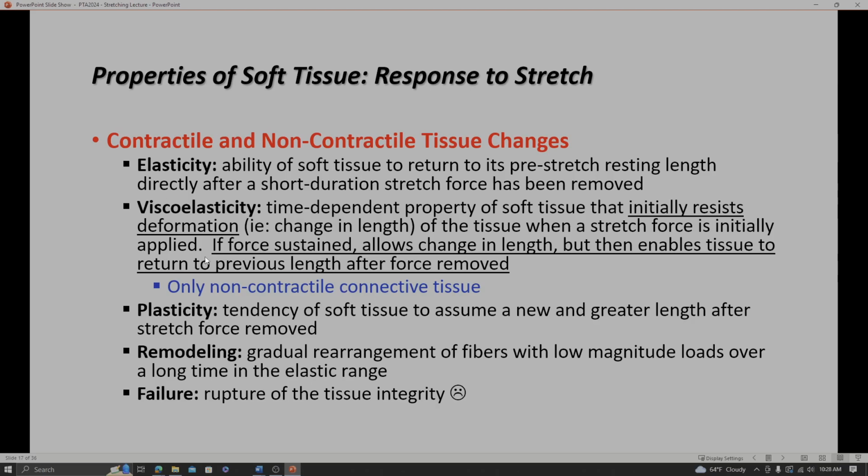Please know these definitions, right? We discuss this a lot in class, so I'm just going to breeze through it. Elasticity is the ability of a soft tissue to return to its pre-stretch resting length right after a short duration stretch.